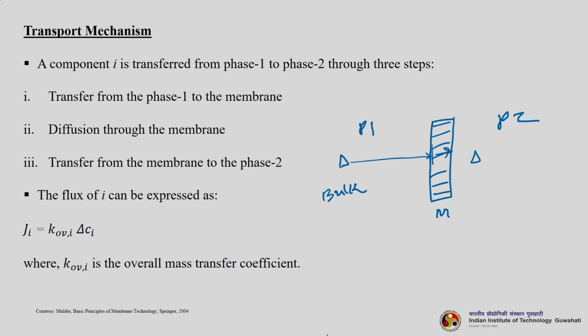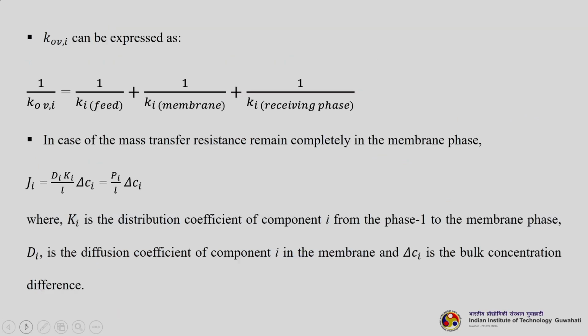The flux of i can be expressed as Ji = KOVi × ΔCi. Here KOVi is the overall mass transfer coefficient. We have learned this also, but I am repeating it for your quick understanding: 1/KOVi, the overall mass transfer coefficient, can be expressed as a combination of the mass transfer coefficients of 3 factors: k of feed, k of membrane, and k of the receiving phase, that is the permeate side.